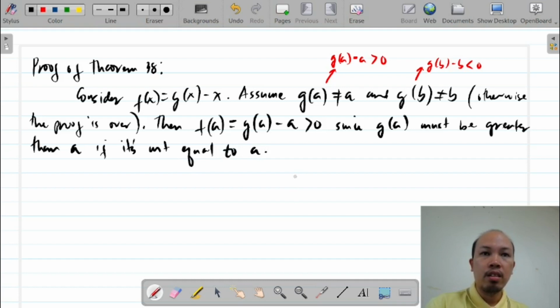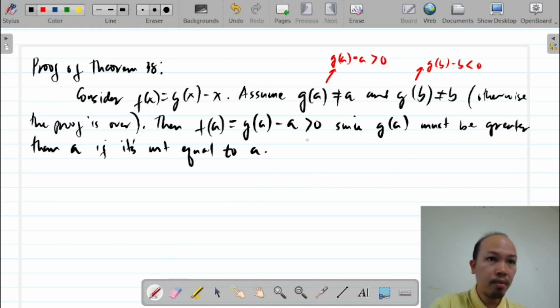If you look at the graph, just like the one that I've shown you in example 42, either the function f of x is decreasing on the interval AB or increasing on the interval AB. So either way, if g of a minus a is less than 0, then this one is greater. If this is greater, then this one is less than 0.